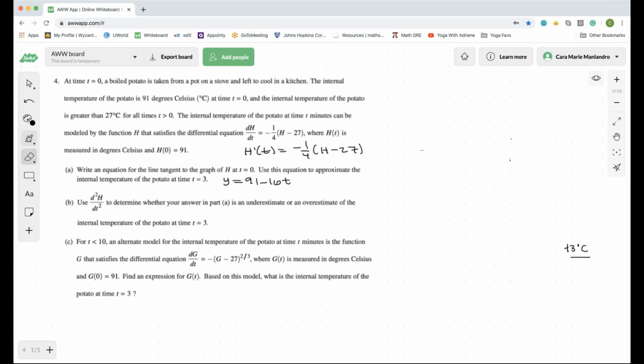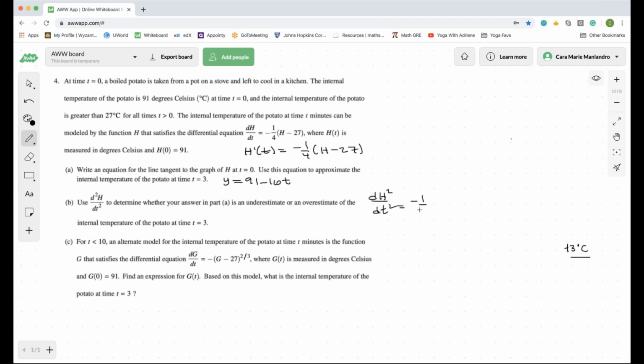All right. So use the second derivative to determine whether our answer is an overestimate or an underestimate. So first thing we want to do is get the second derivative. All right, so d²h/dt² is going to be equal to, now we have to be careful, remember you want to do implicit differentiation when you have these guys.